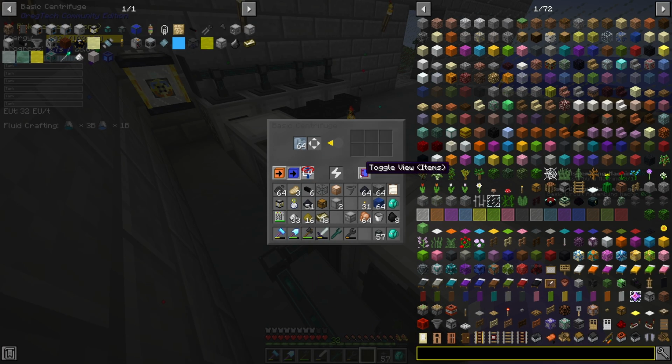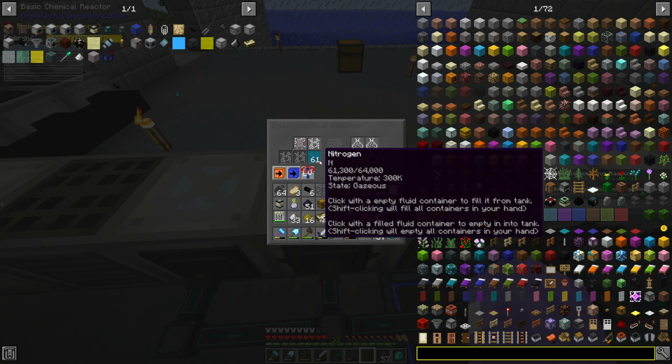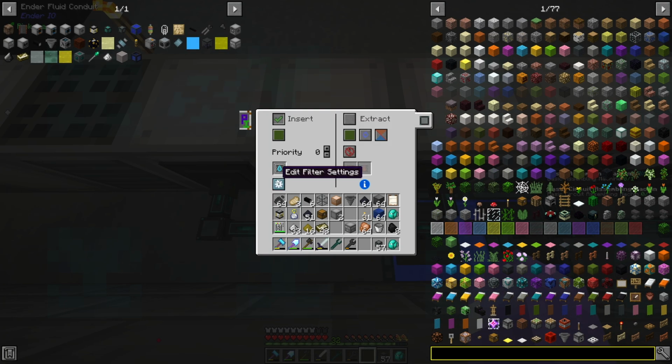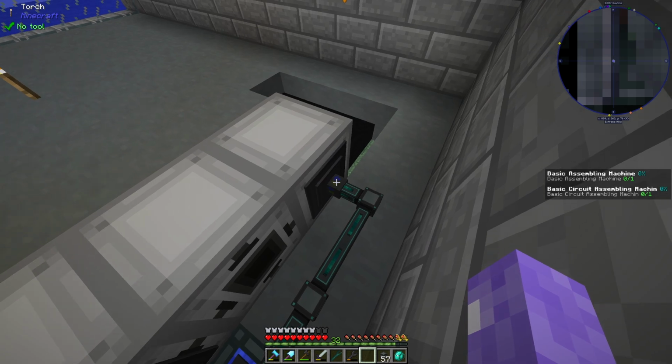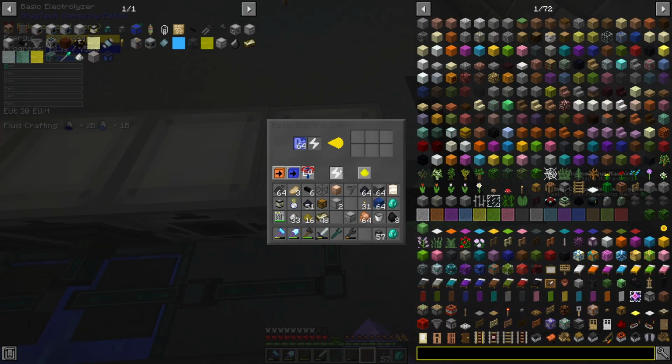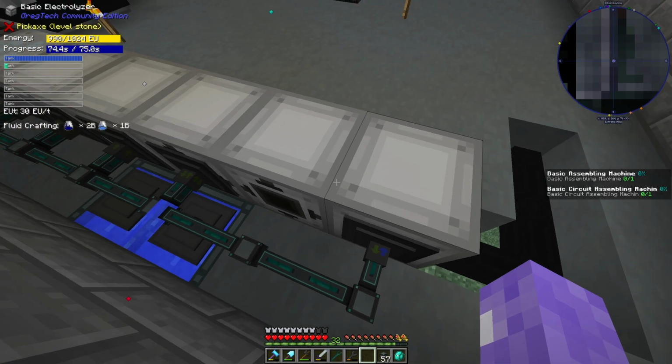And it should be making more oxygen currently. We'll go into here. Yeah, we want that to be oxygen input as well because we're going to be making more oxygen.